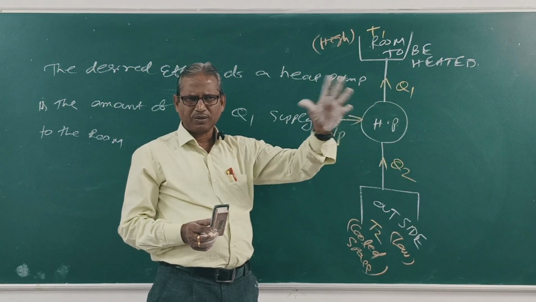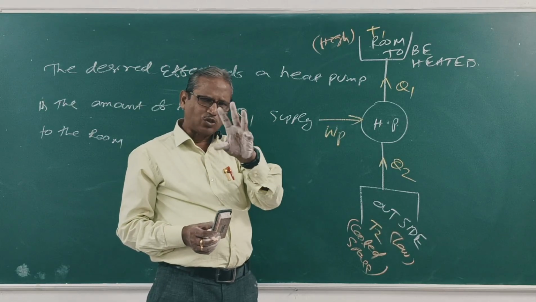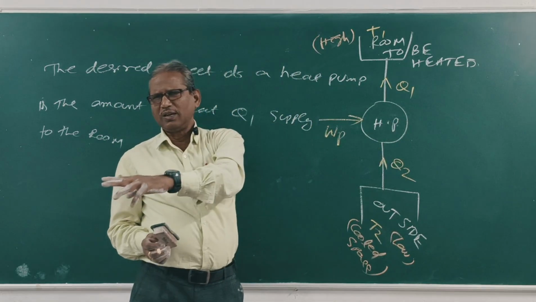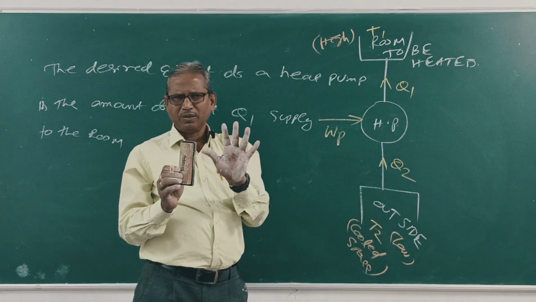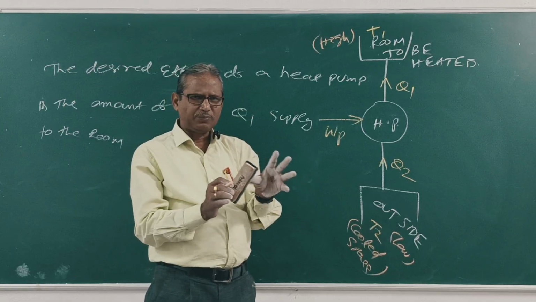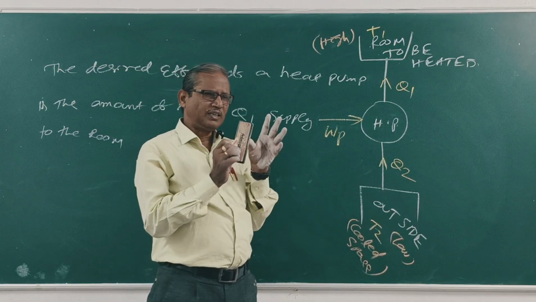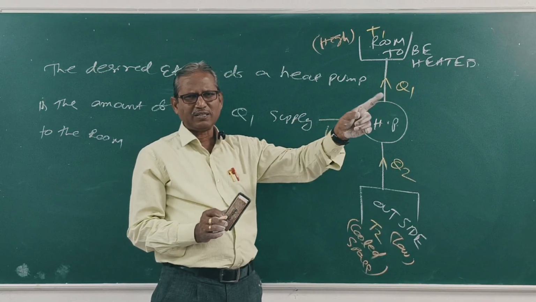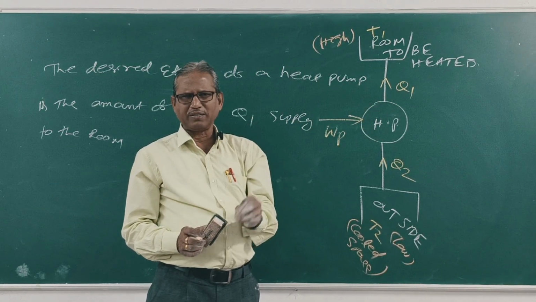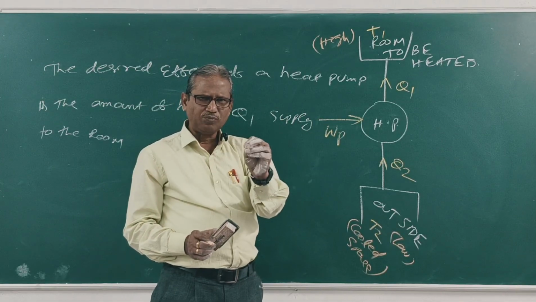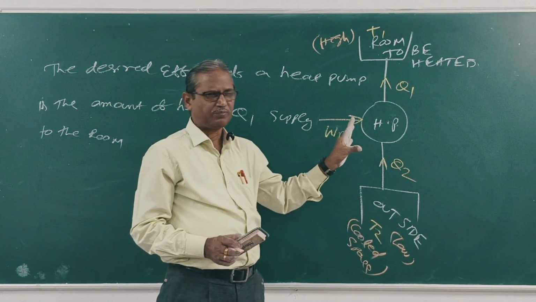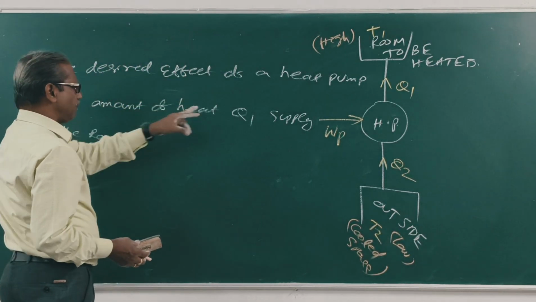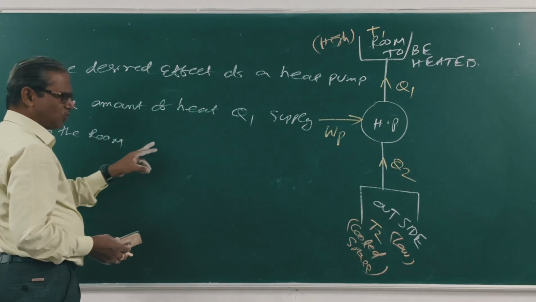In case of heat pump, the same function: extract heat from the low temperature outside and throw it to the high temperature room. But the desired effect of a refrigerator is to cool the room, and the desired effect of a heat pump is to heat the room. Its desired effect is Q2, but the heat pump desired effect is the amount of heat supplied to the room, Q1. Clear? The desired effect of the heat pump is the amount of heat Q1 supplied to the room.